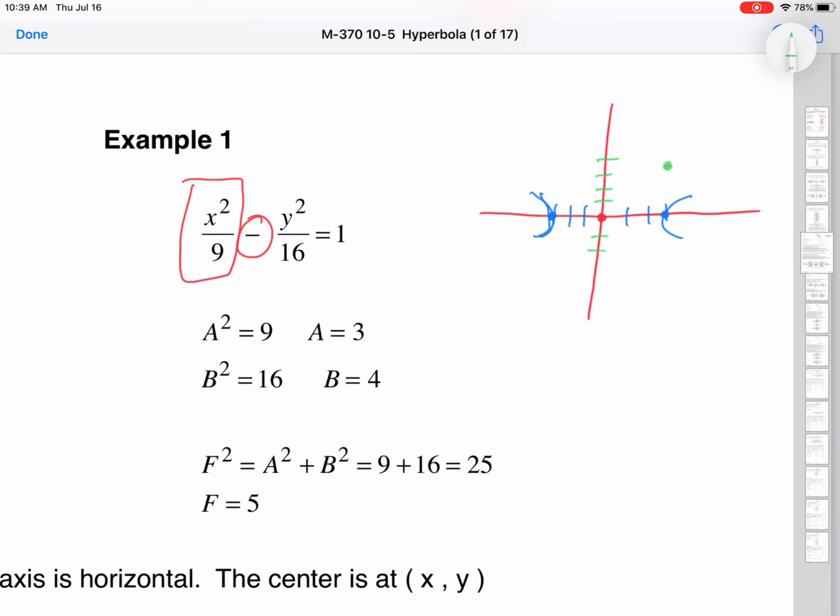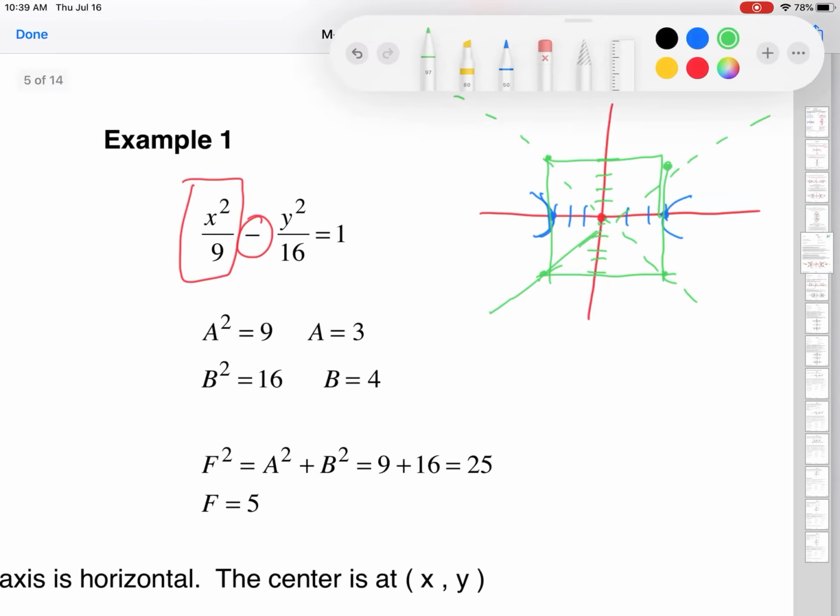A, negative B, putting a dot. Negative A, B, and negative A, negative B. So you got this box shape right here that's coming right through these. It's not part of the graph, but it helps us because what we follow is these lines for large values. It will tell us the width of this guy.